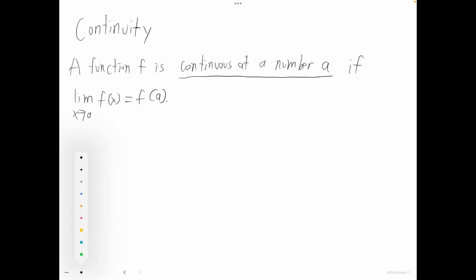Now there are three parts to this definition. First, we need f of a to exist, meaning a is in the domain of f. Second, we need the limit as x approaches a of f of x to exist.